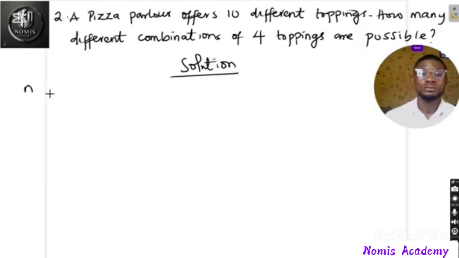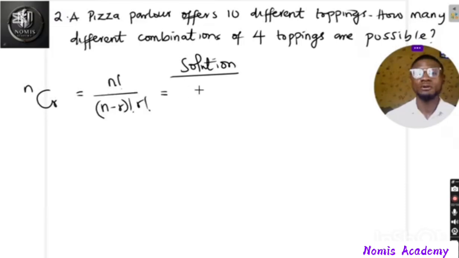So we write the formula for combination, n combination r, which is n factorial all over n minus r factorial times r factorial. From the question, we could say that our n is 10 and our r is 4. So we can input the values of n and r into the formula.